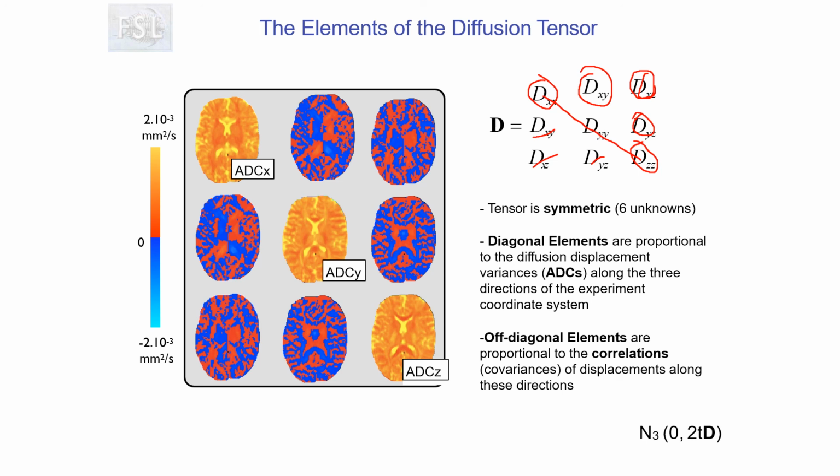This is based off of linear algebra. The diagonal elements are proportional to diffusion displacement. That's the apparent diffusion coefficients along 3 directions. Those are 3 primary directions, again like x, y, z. And then our off diagonal elements are modeled by the other 3 values.